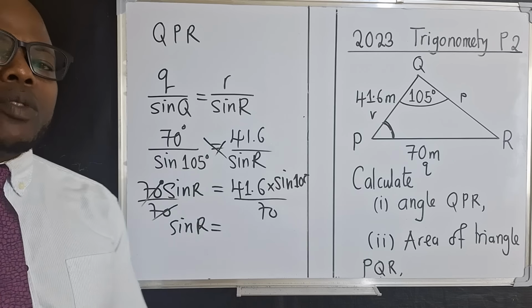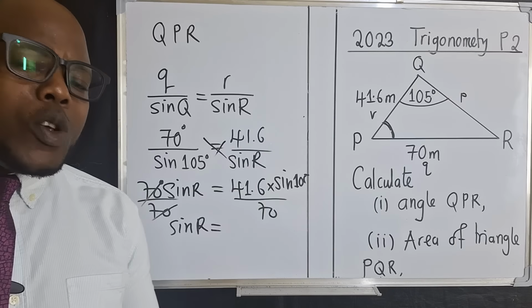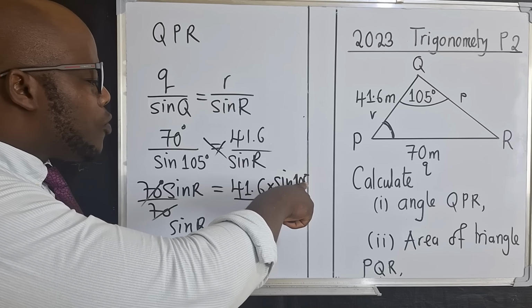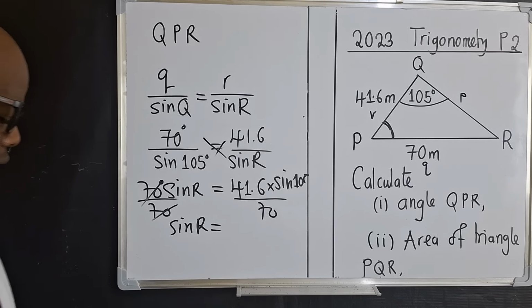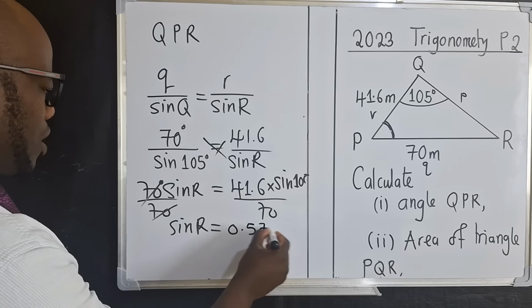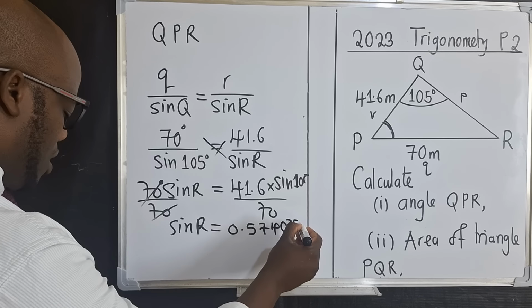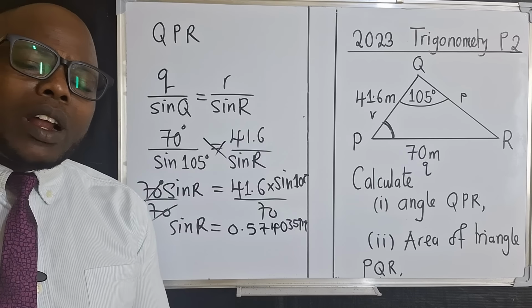Divide everything by 70 and see what you're getting. So if your calculator is in degrees and you punch 41.6 times sine 105, you come and divide the answer by 70, you must be getting a 0.574035919. So this is what you must be getting by now.